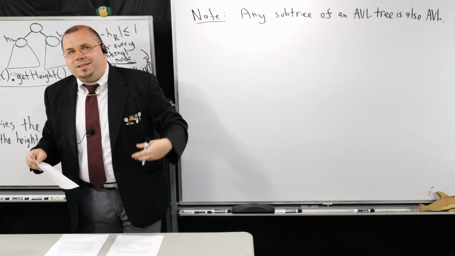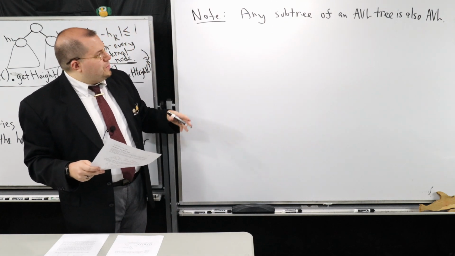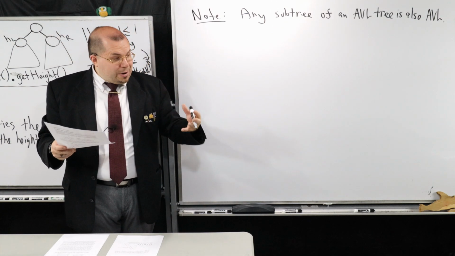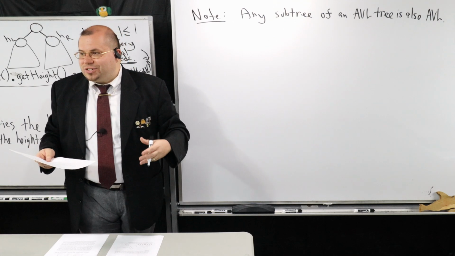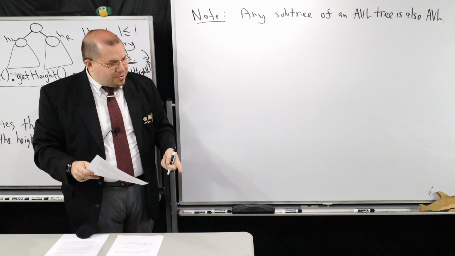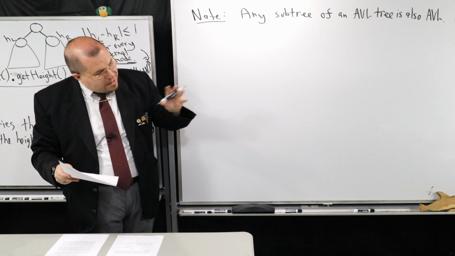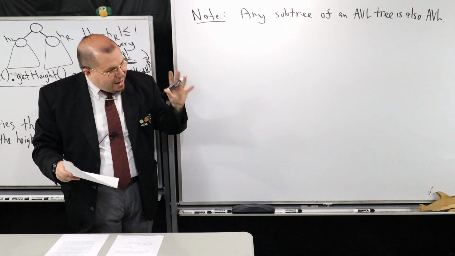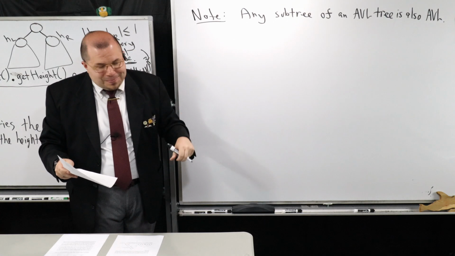So it's also going to be an AVL tree. This is sometimes very relevant for what we're going to be doing here. Just remember, we don't necessarily have to study the entire tree when we talk about an AVL tree. We can look at any one of the subtrees, and I can tell you that it has to be an AVL tree too.